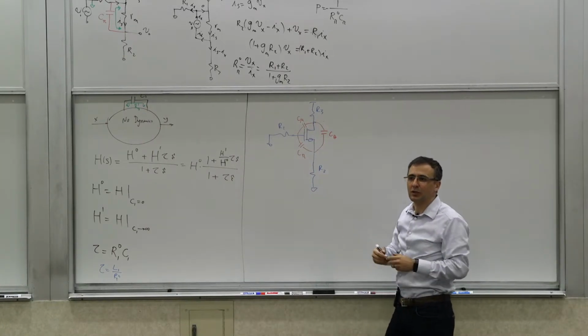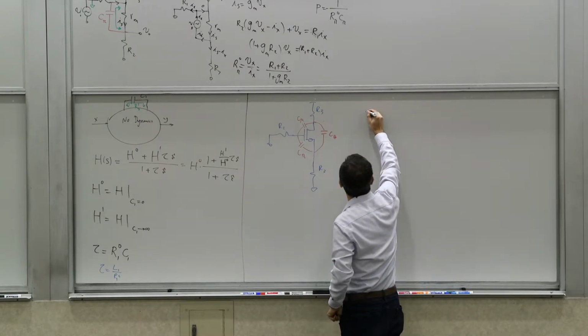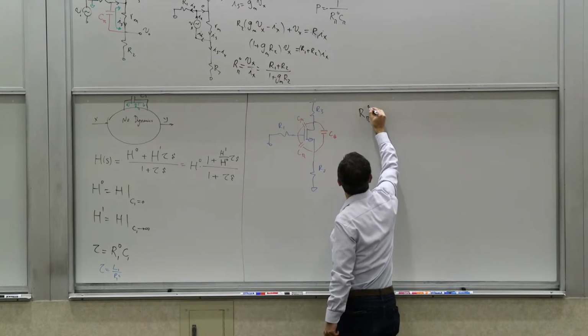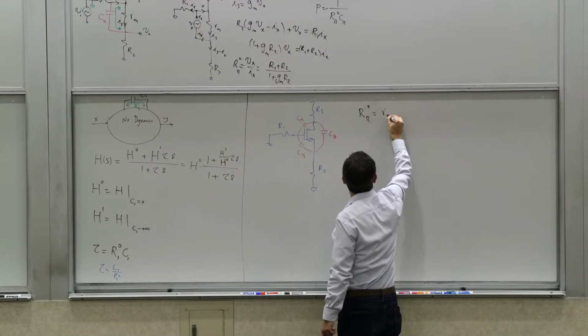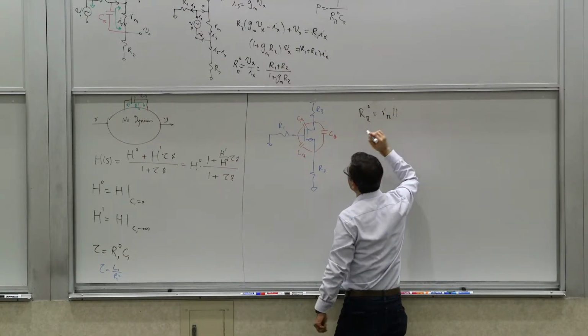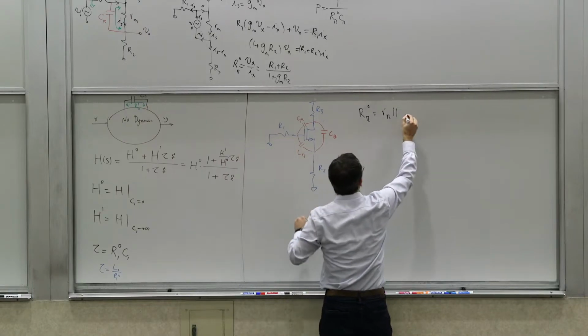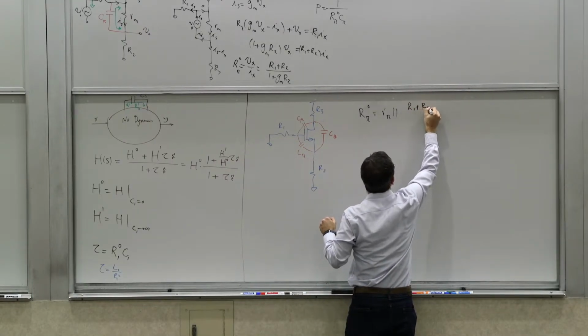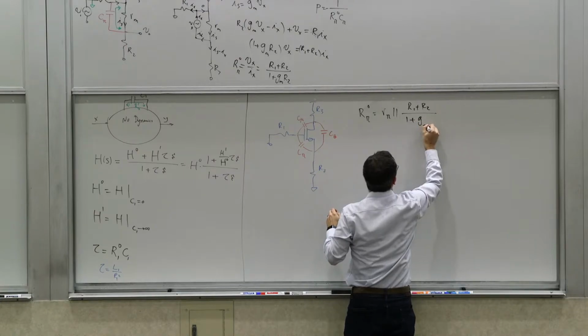You can just go and quickly calculate them. So let's write them down. R pi 0 is r pi parallel, what you see, that sum of these two, r1 plus r2, divided by 1 plus gm r2.